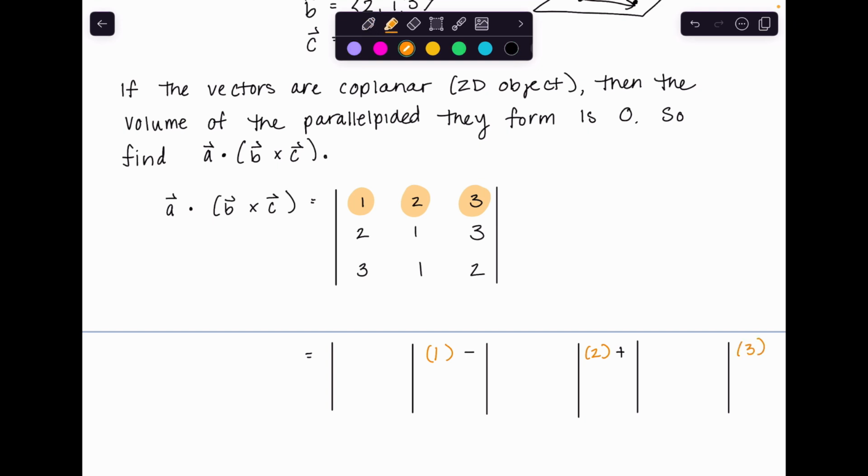To figure out what goes in, we ignore the first row and column, and what's left over for the first one is 1, 3, 1, 2. For the second one, we ignore the second column, and what's left is 2, 3, 3, 2. Then for the third one, ignore the third column. We're left with 2, 1, 3, 1.